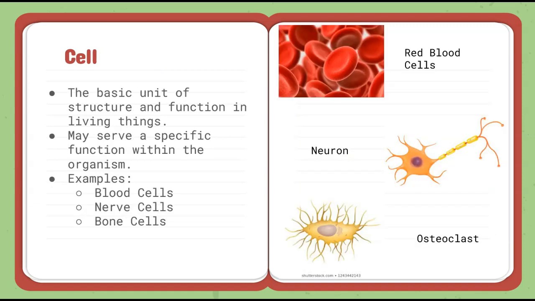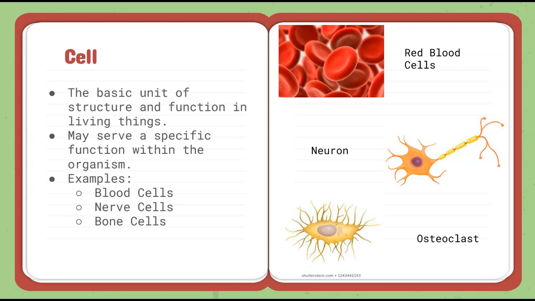Now we're going to go into a little bit more detail with regards to each of the levels of organization. Specifically, we'll start off with the cell, the basic unit of structure. This provides simple functions in all living organisms. Cells can serve a specific function within the organism, but they don't always.